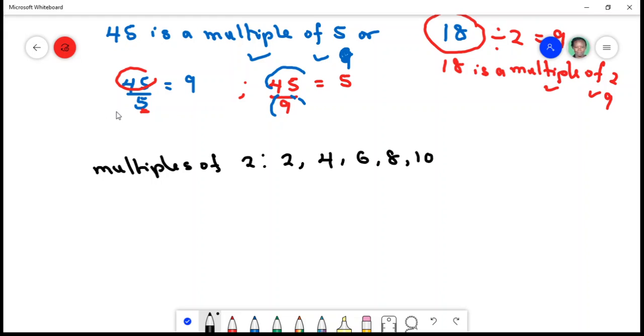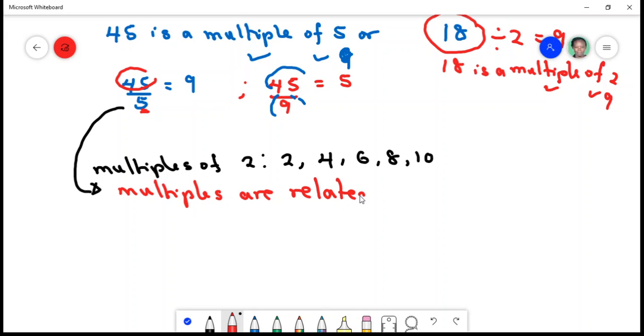So, like I previously said, from here, you realize that multiples are related to factors. So multiples are related to what? To factors.